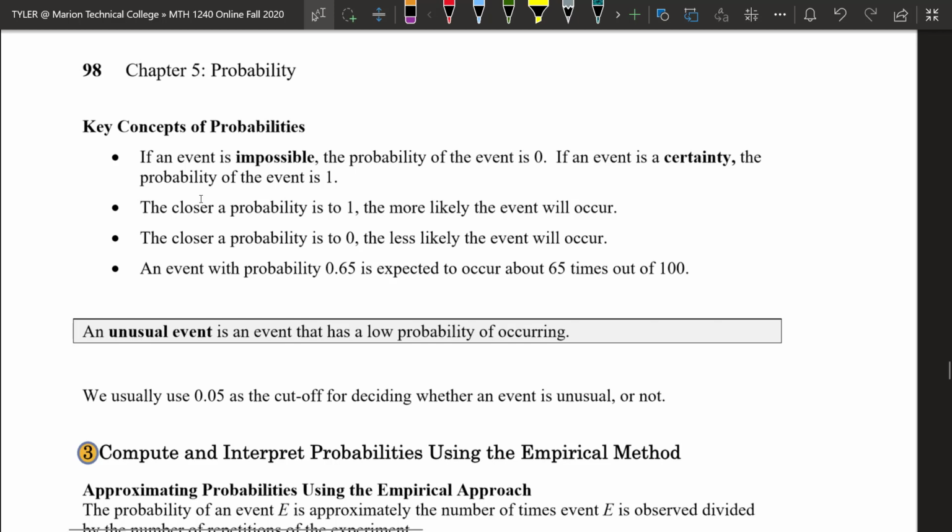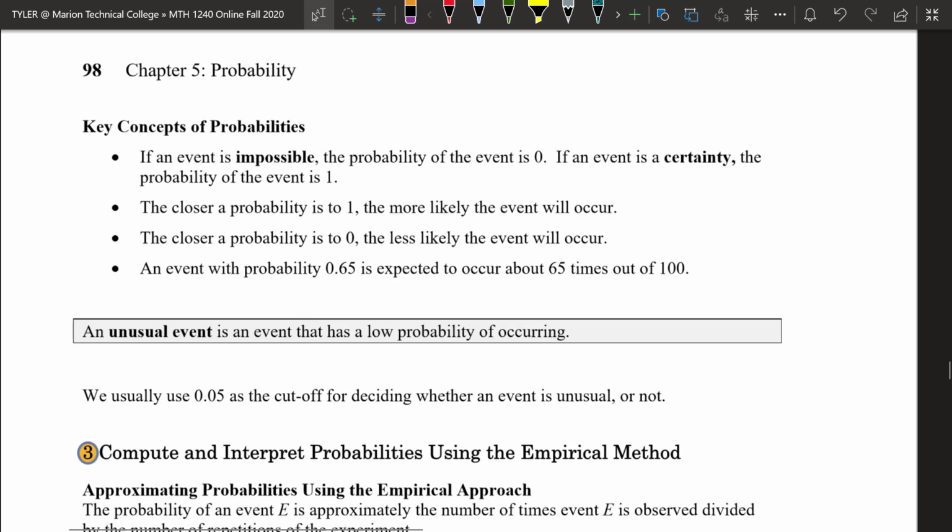So the closer a probability is to 1, the more likely the event will occur. So if the probability was like 0.9, that's really likely. The closer a probability is to 0, like 0.05 or something, that's less likely.